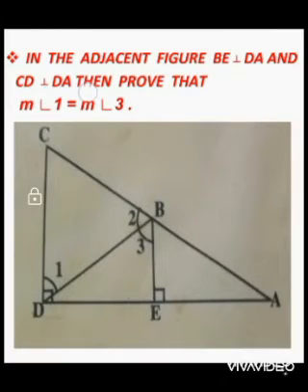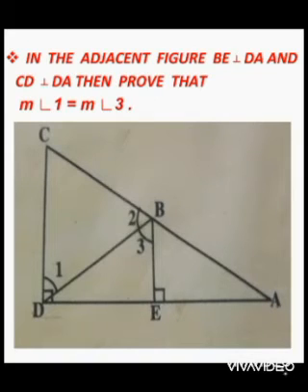In the adjacent figure, BE is perpendicular to DA and CD is perpendicular to DA. Then prove that measure of angle 1 is equal to measure of angle 3. Look at the figure here, children, what they have given in the question. This line BE is perpendicular to line DA.